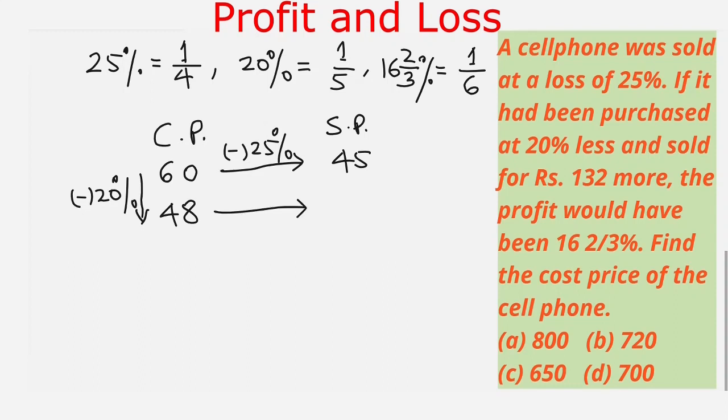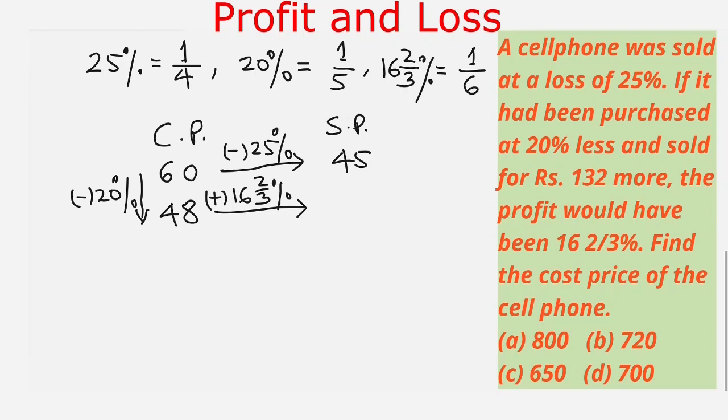And it's given that if it is sold for rupees 132 more, the profit would have been 16 and 2 upon 3%. So we add 16 and 2 upon 3% on 48. So I write plus 16 and 2 upon 3%, which is 1/6. 1/6 of 48 is 8.